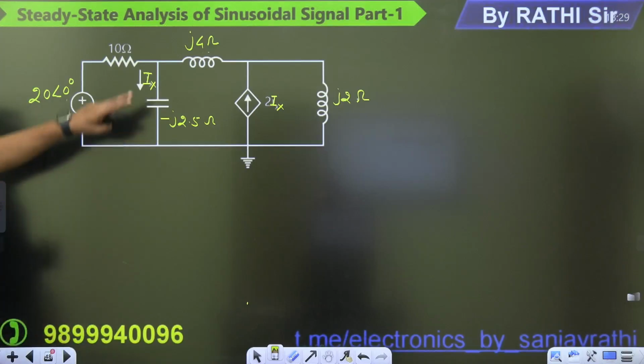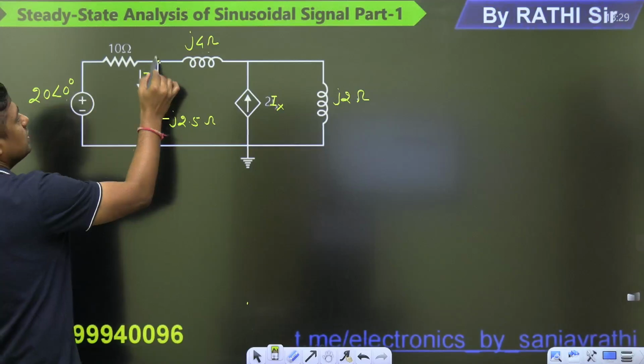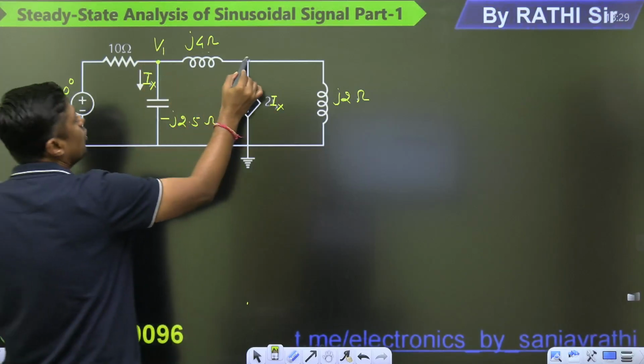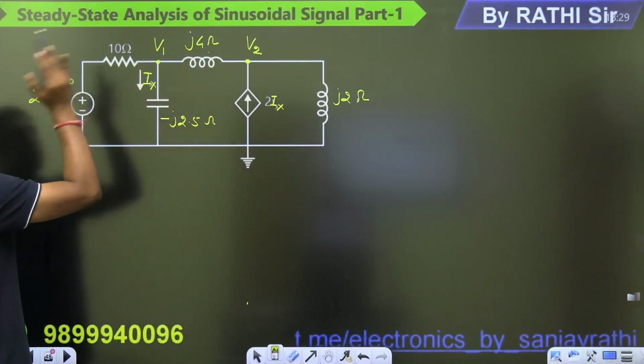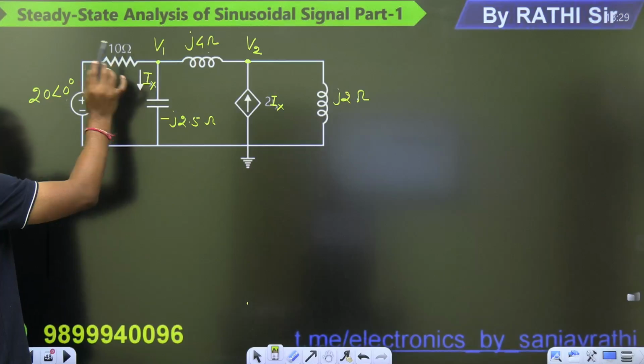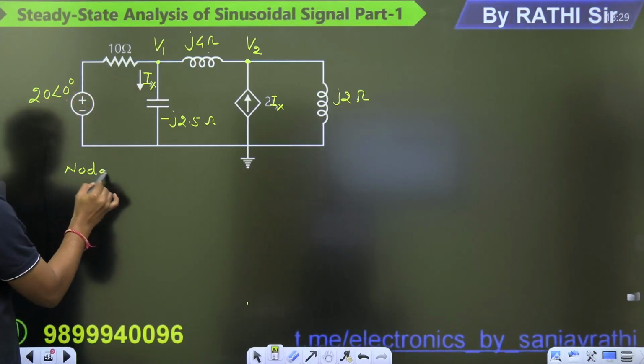Now you have to find the value of Ix. Let this voltage be V1 and this voltage V2. Find the nodal voltages. Simple, apply nodal analysis.